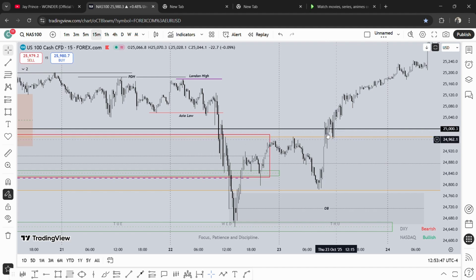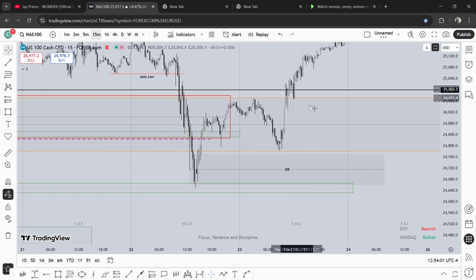This is when I added my second scaling position over here, right? And then I sent in a signal into the group for you guys to answer. It's a really nice and secure trade.